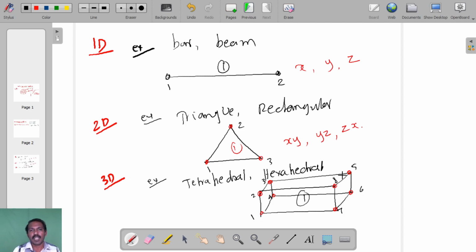It is called a three-dimensional element, and each node moves in the x, y, z directions. So the first is a one-dimensional element, then two-dimensional element, and the last is a three-dimensional element.